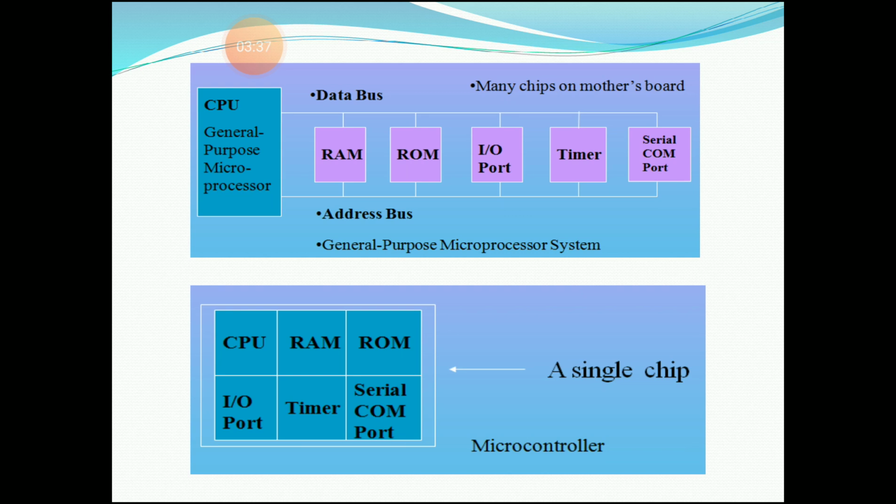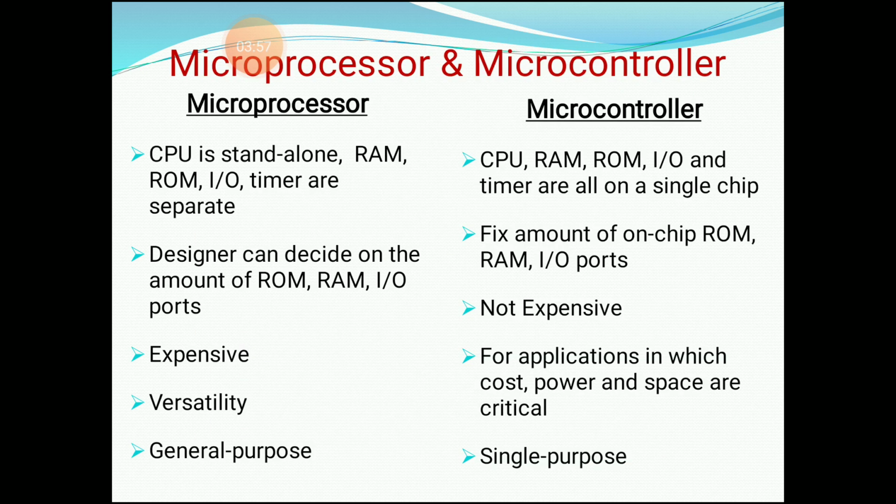In a microcontroller, all the components are integrated in a single chip called the microcontroller. The components integrated in a single chip are CPU, RAM, ROM, I/O port, timer, and serial COM port. These are the differences between microprocessor and microcontroller.